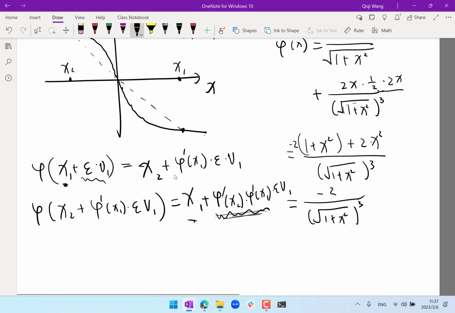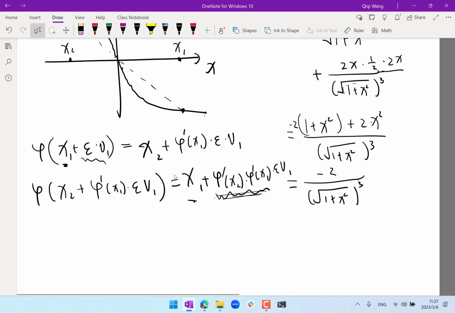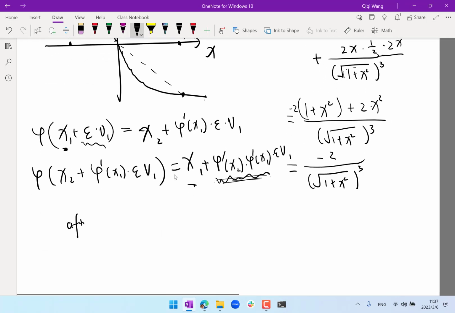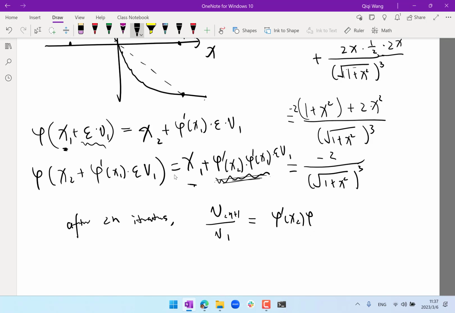So after 2n iterations, my v, let's say v at 2n plus 1 divided by v1, is going to be phi prime x2 times phi prime x1 to the power of n, right?